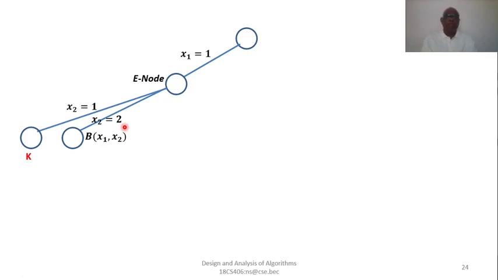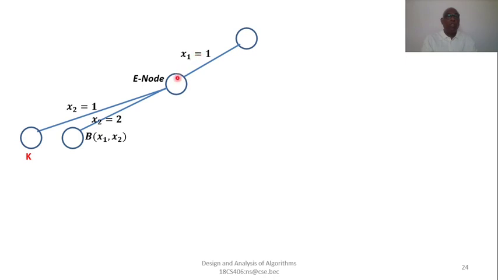We keep asking this question as soon as the child is created by choosing a particular value of xk. Whether this node satisfies the bounding function or not is checked by looking at the values of x1 and x2. x1 is not equal to x2, so it satisfies the column constraint.